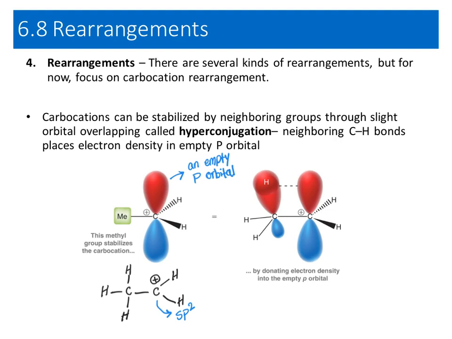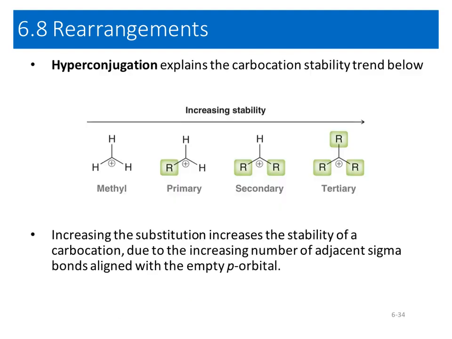So hyperconjugation is the stabilizing factor for empty p orbital. And the more alkyl groups attached to this positively charged carbon, the more sharing electrons can happen and the carbocation would be more stable. So as I just mentioned, the more alkyl groups connected to the carbocation, the more stable the carbocation would be. So this R group means we have an alkyl group attached to the carbocation.